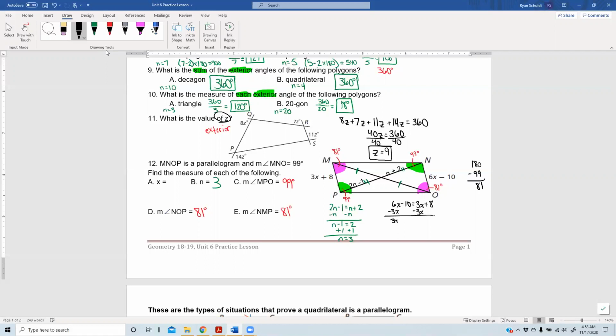I get 3x minus 10 equals 8. Add 10. I get 3x equals 18. Divide by 3, and we get x equals 6. So there's my x. x is 6. So we found everything it asked us for.